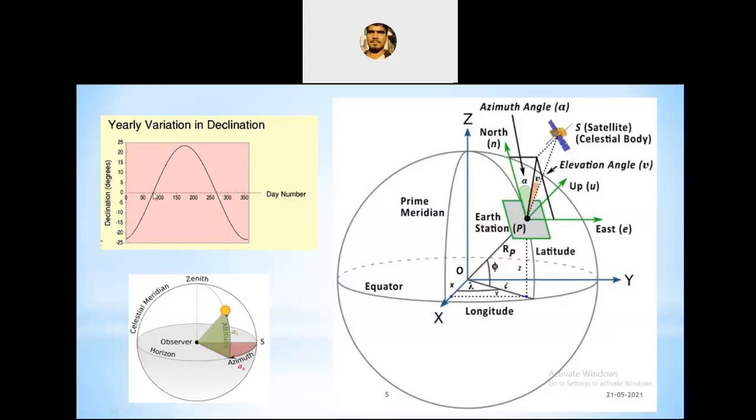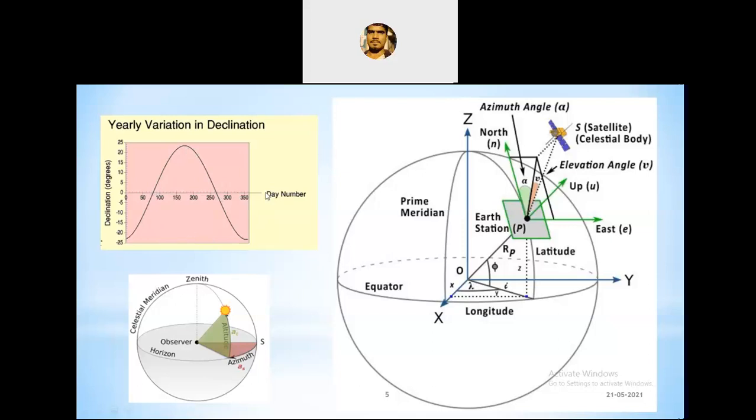Slowly it becomes 0 at one particular time, then again increases to the maximum, 23.5, then decreases to 0, and finally becomes 23.5 negative. So from negative to positive, on a particular day it becomes 0.